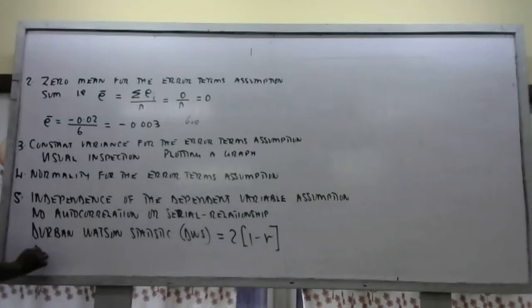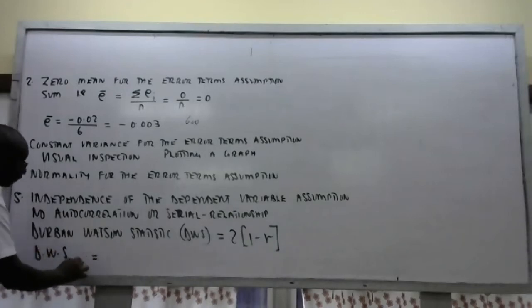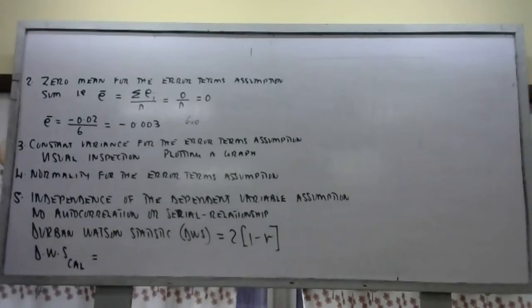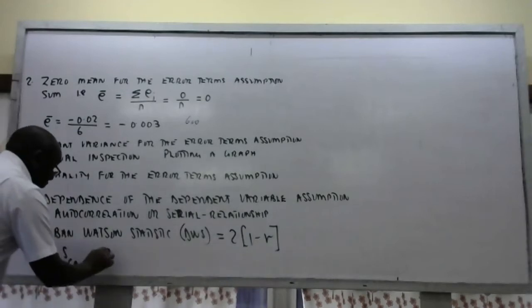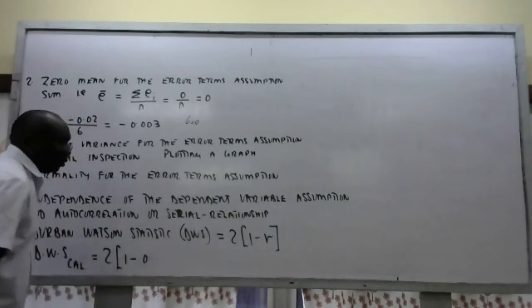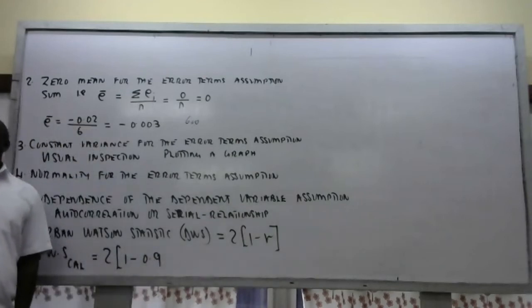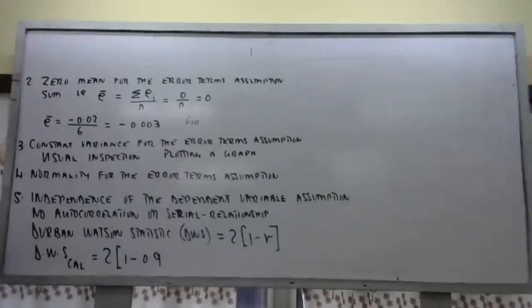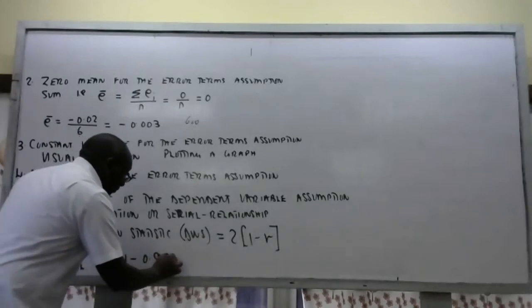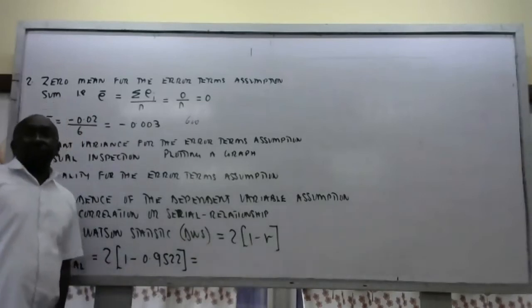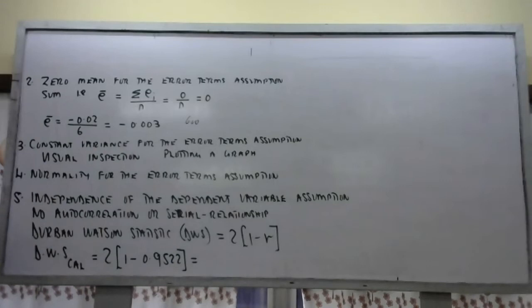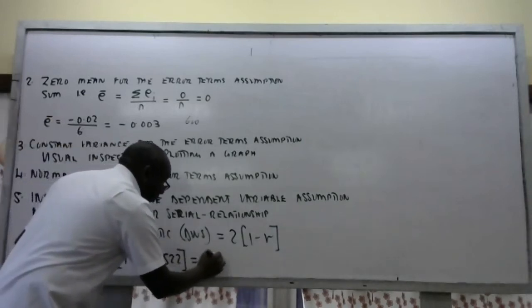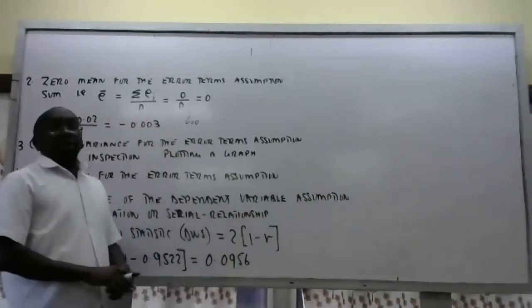In the above case, DWS calculated equals 1 minus our R, which we had found to be 0.522, giving 0.956.